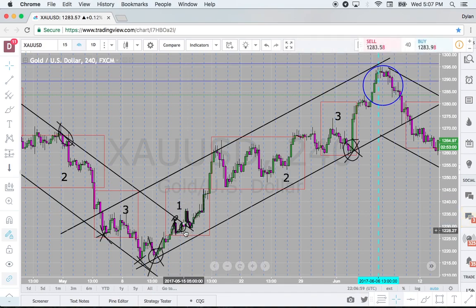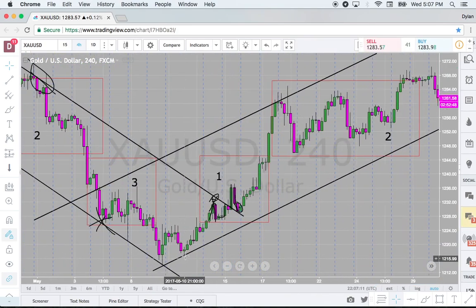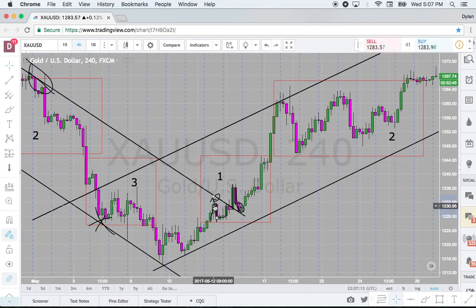So let's clean up our charts a little bit as best possible. Now we can see this is where the head and shoulders pattern comes into play.